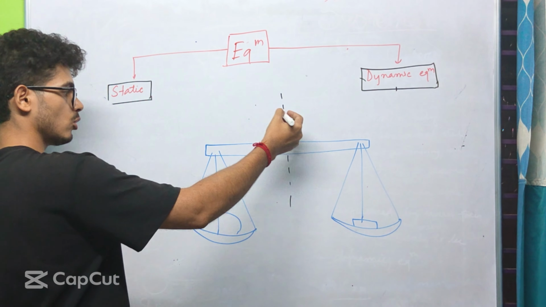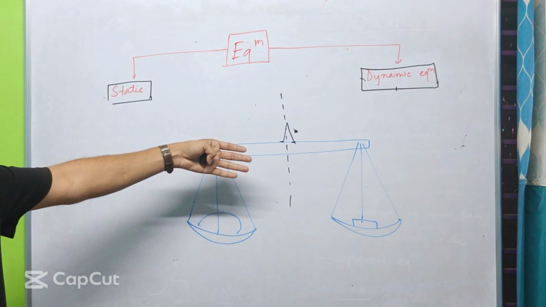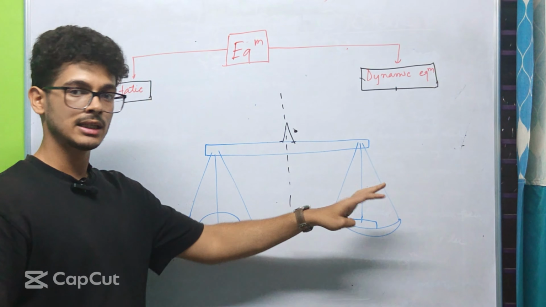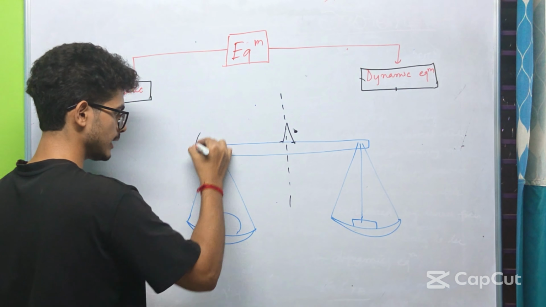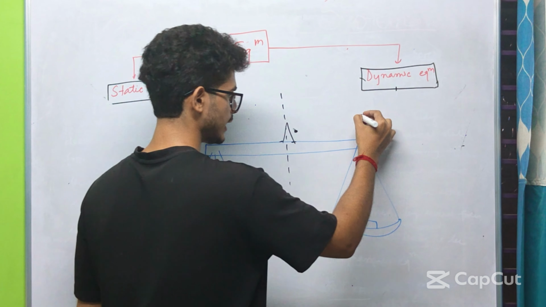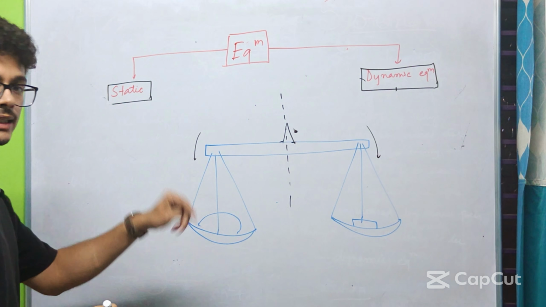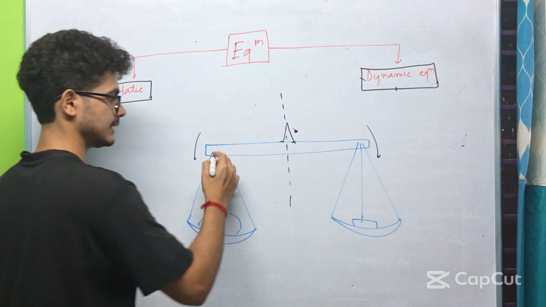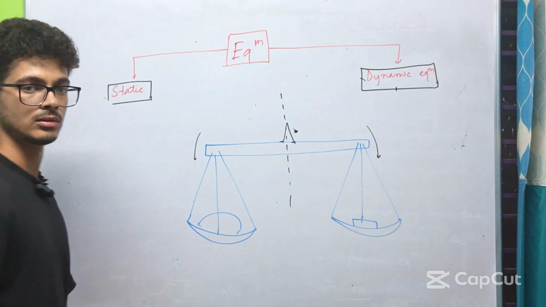When the beam shows no rotation at all, we call it that the beam has attained the equilibrium position, and what it actually tells is that the torque in this direction and the torque in this direction being applied on the beam gets equal, gets cancelled out. So this gets balanced, and hence there is no rotation at all.